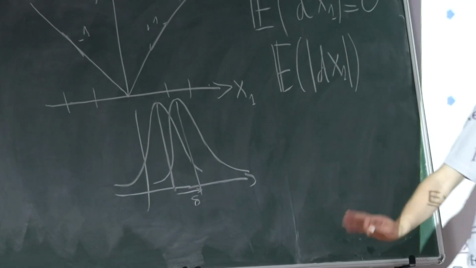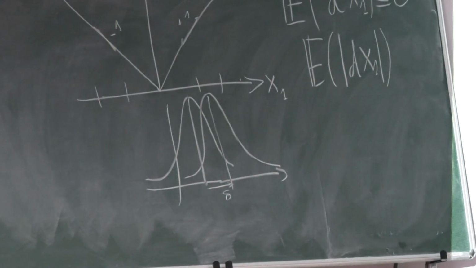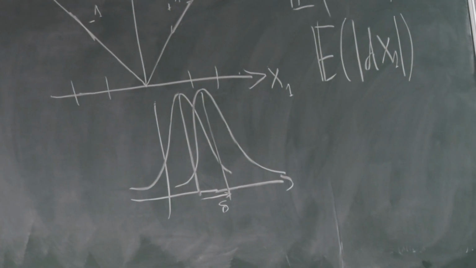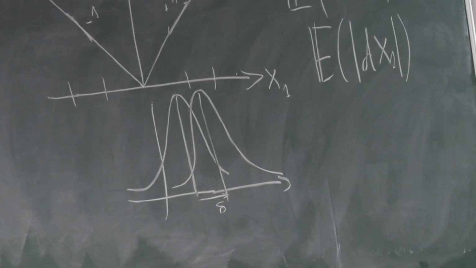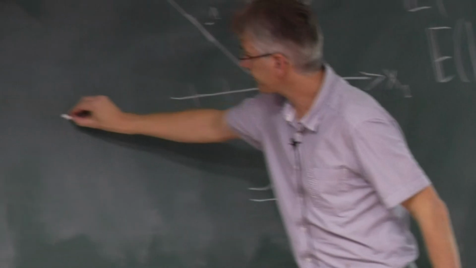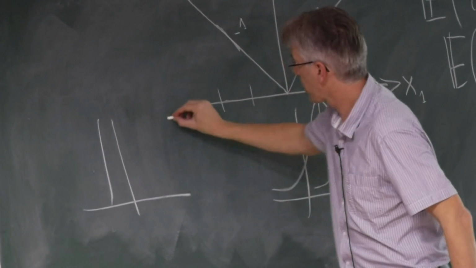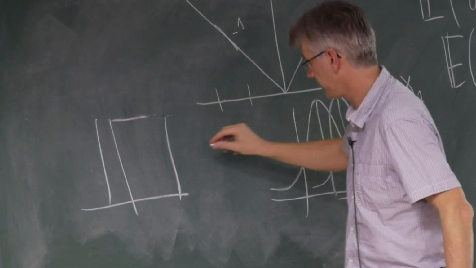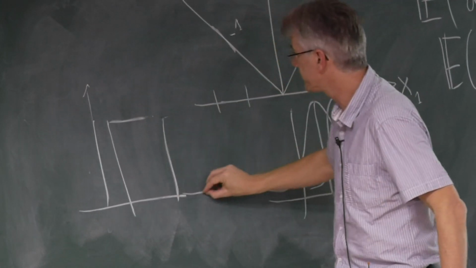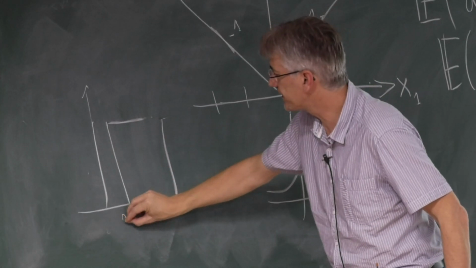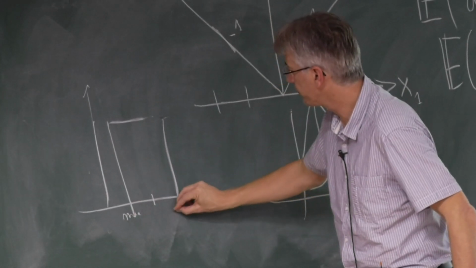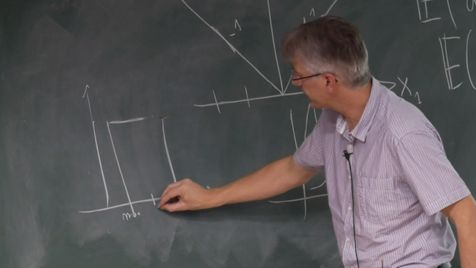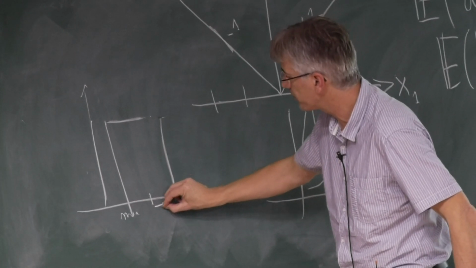But it only works with Gaussians. In the general case, for example, for a uniform distribution, I fix my support, min and max, and I say, oh, now I'm not sure about my mean.